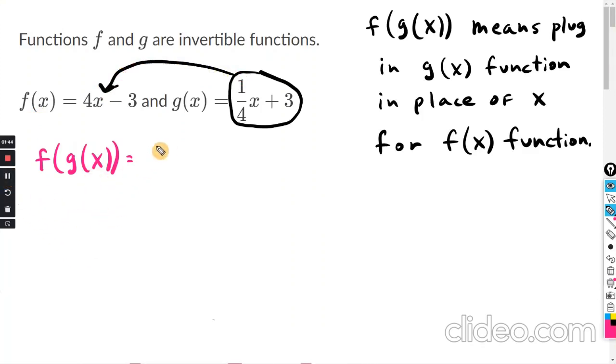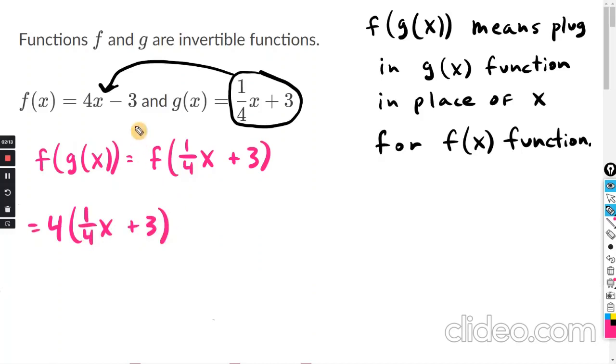So f of g of x is going to equal f of this right here, 1/4 x plus 3. All right, so we're plugging this in place of x. We have 4 times x, so that's going to be 4 times 1/4 x plus 3, and then minus 3.